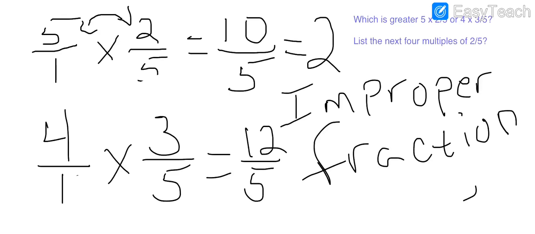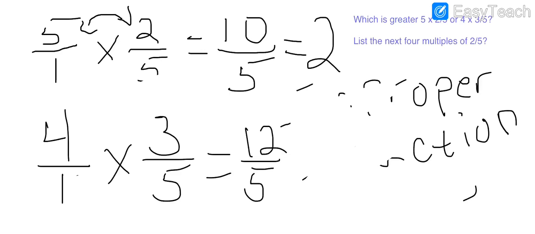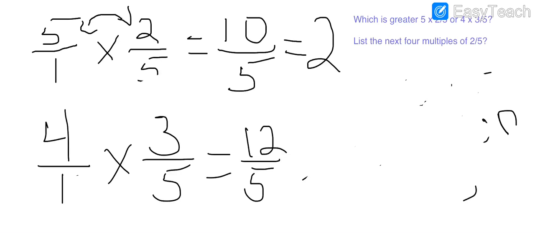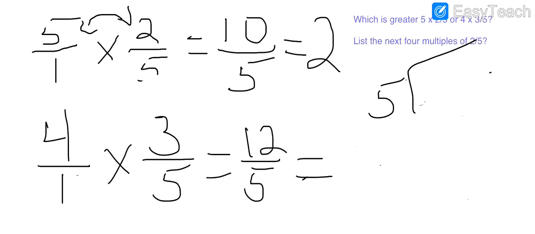Improper fraction. Now, in the first example that we did, we had it divided perfectly. 5 divides into any number that ends in 0 or 5. But here we have 12, so it's not going to divide perfectly. So how many 5s are in 12? Well, there's 2. If we do the division, 5 into 12, that goes twice.